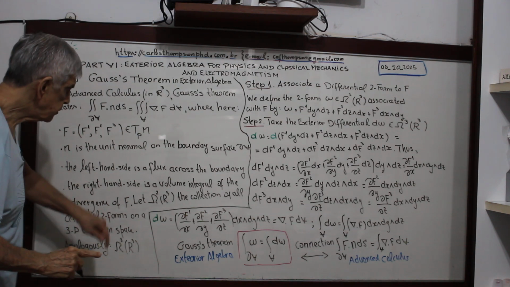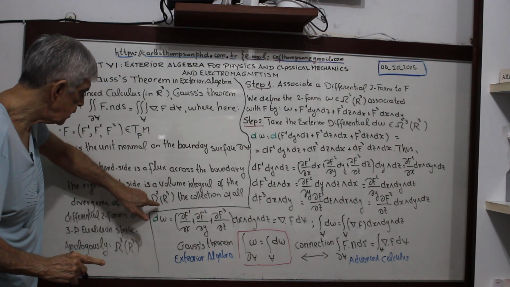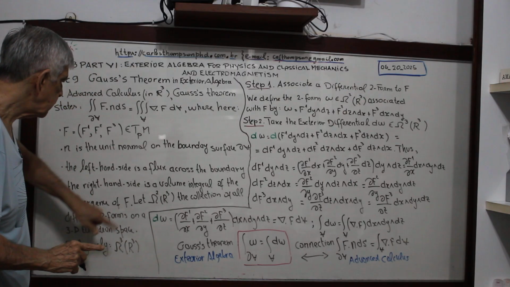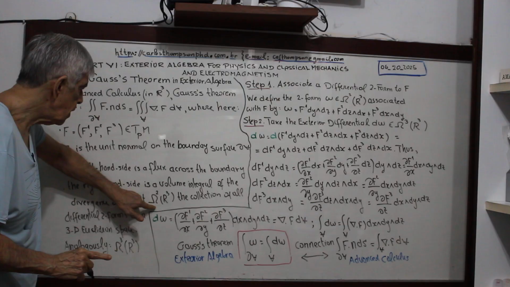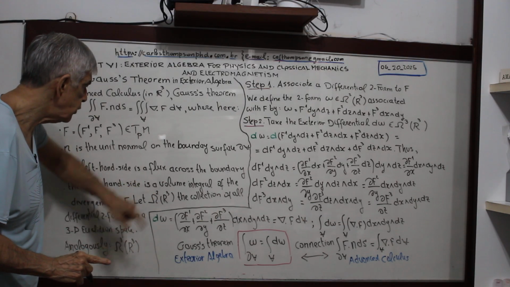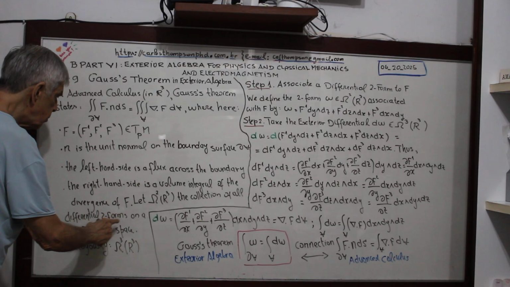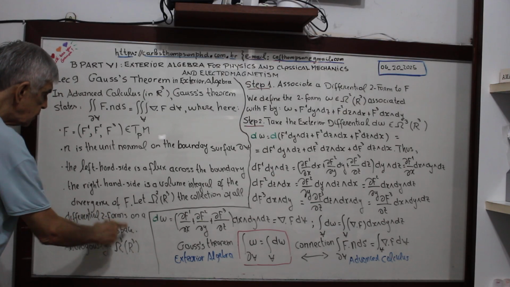Now, let's denote this. Omega 2 of R3 is the collection of all differential two forms on a 3D Euclidean space.